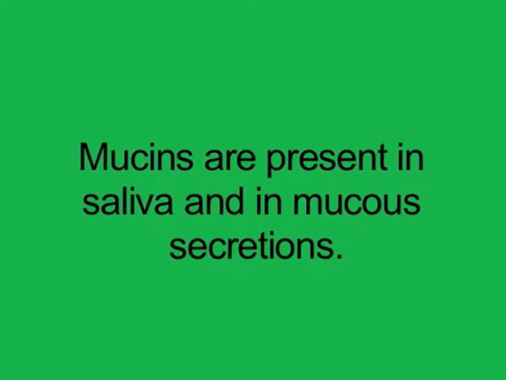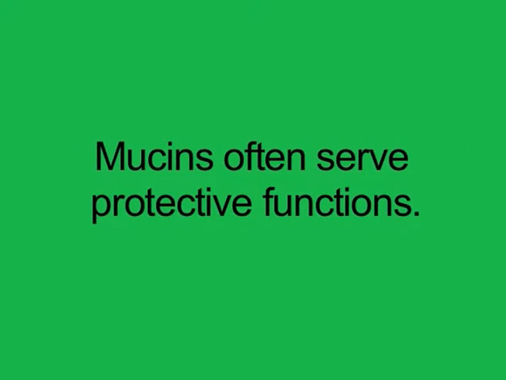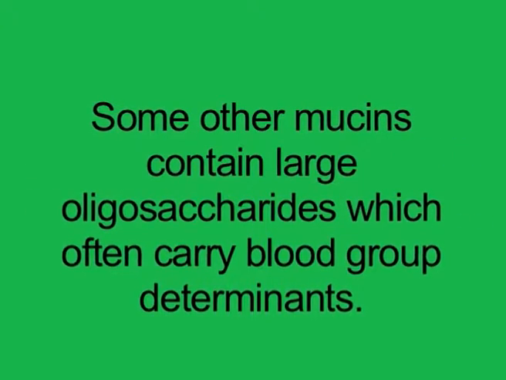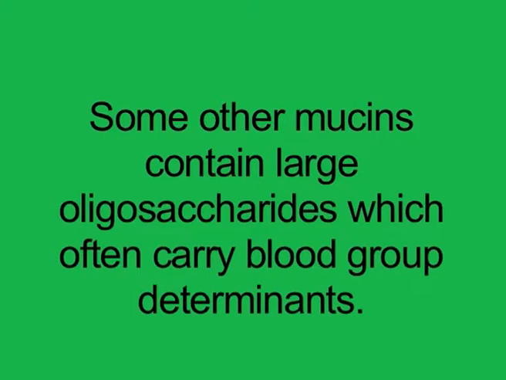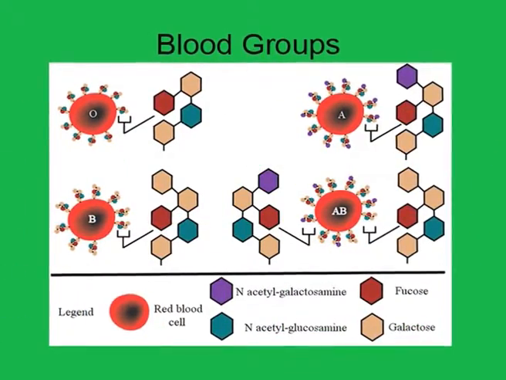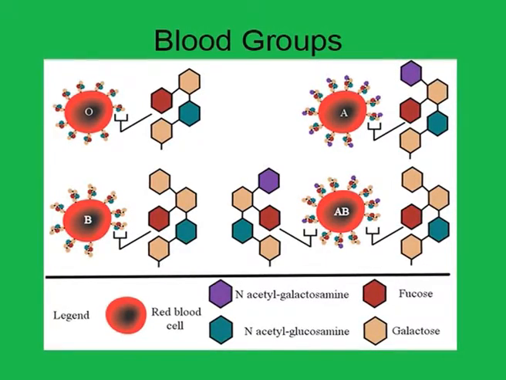Mucins are present in saliva and in mucous secretions, and often serve protective functions. Some other mucins contain large oligosaccharides which often carry blood group determinants. Differences in these carbohydrate groups give rise to the differences in blood groups of different individuals.